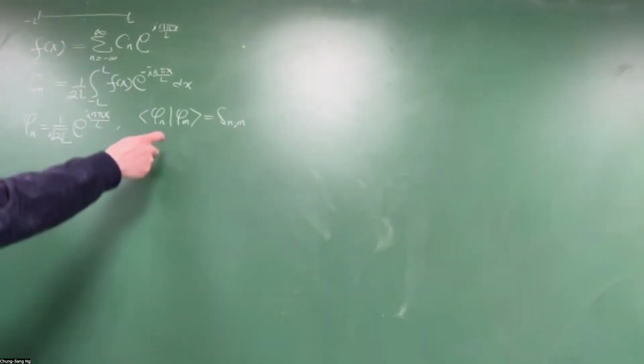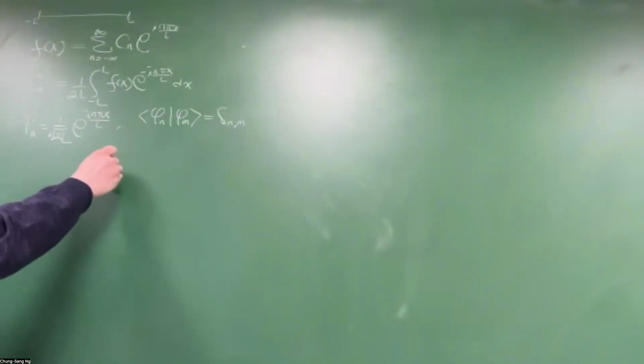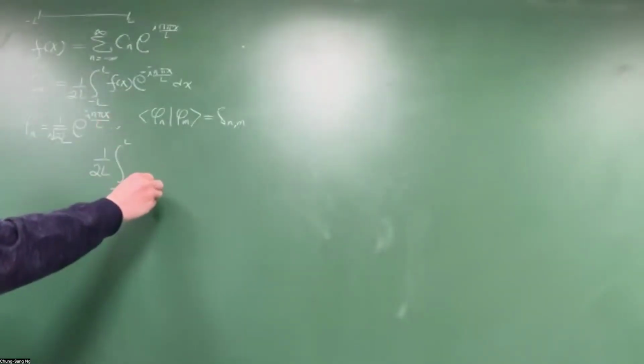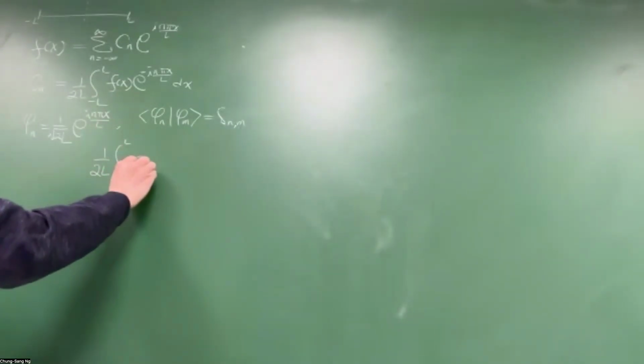And how do we write the orthonormal condition in a continuum? So let's just write it out explicitly. Substitute this into here, so you have 1 over 2L integrate, in this case, from minus L to L, we have e to the i.